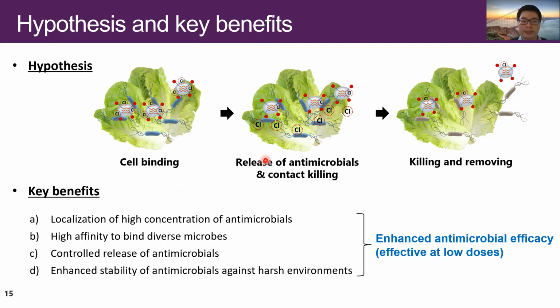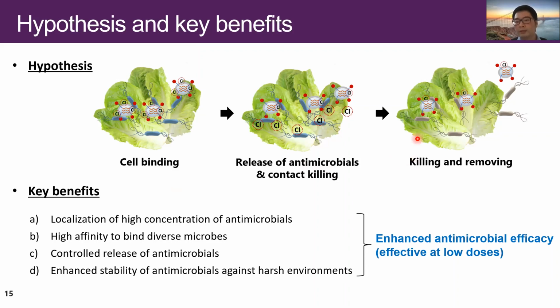So the hypothesis is our particles can bind the microbes on the fresh produce or on the food contact surface. And once they bind, they can release free chlorine to the wash water, and this free chlorine can kill the microbes, but they can also kill the microbes by direct contact between the yeast cells and the bacteria.